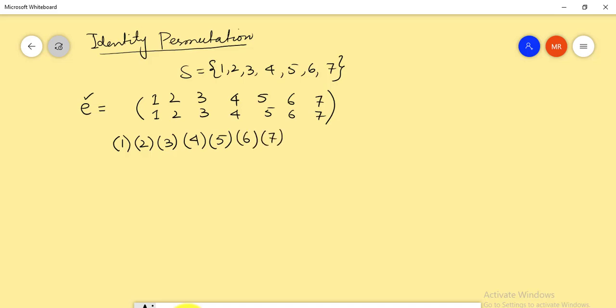The problem here is that if we omit any cycle from this representation, then nothing is left. Hence, we have the following convention.